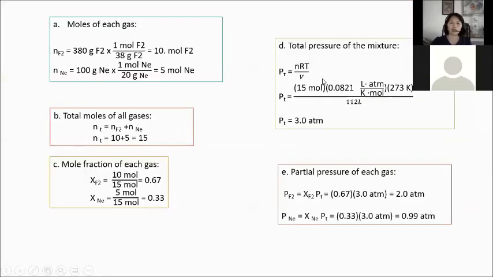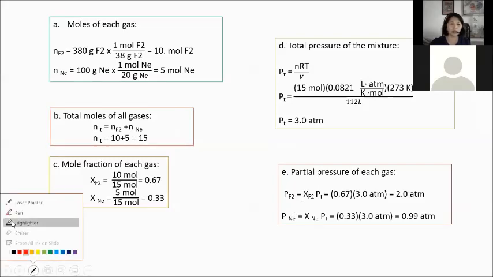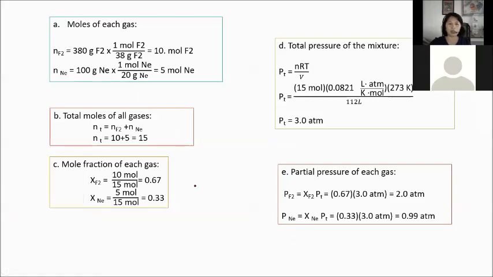So we multiply the mole fraction of F2, 0.67, and the mole fraction of neon, 0.33, by the total pressure of the two gases. So that's why we have 2 atm.